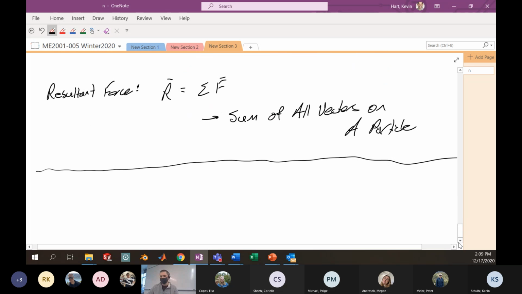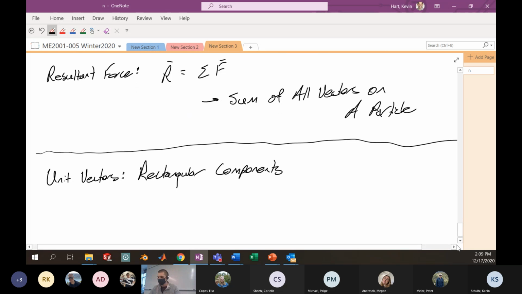So after we initially just talked about vector addition briefly, then we talked about unit vectors, and specifically unit vectors and rectangular components. Just a reminder that unit vectors are vectors, so they have magnitude and direction, with a magnitude of 1.